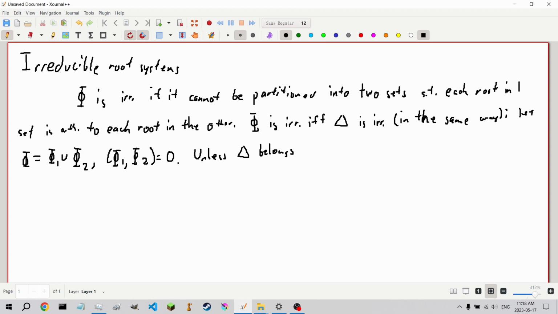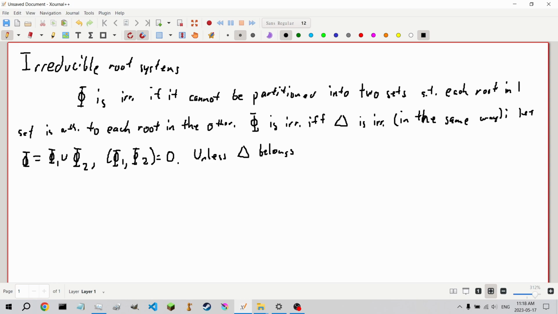So a root system phi is said to be irreducible if it cannot be partitioned into two sets such that they're both proper subsets and the union of both is the full set.